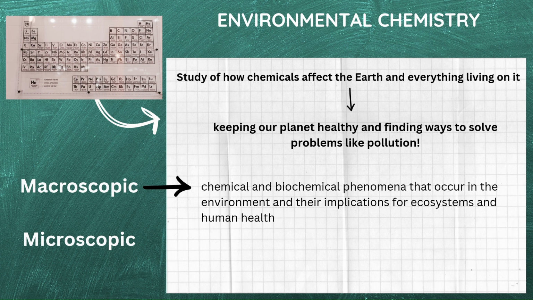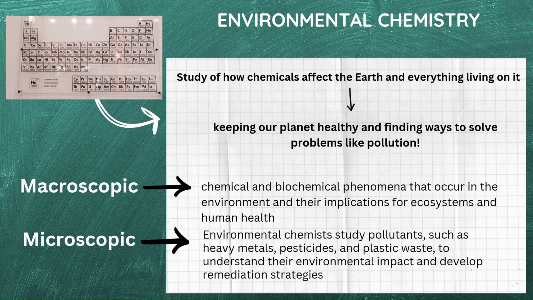Because we eat plants as well as other animals, all of these biological phenomena that occur in plants, such as photosynthesis, affect not only the plants themselves, but also the ecosystems around them, and can even affect human health.